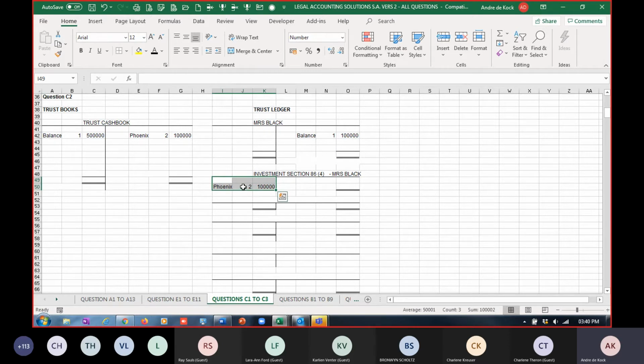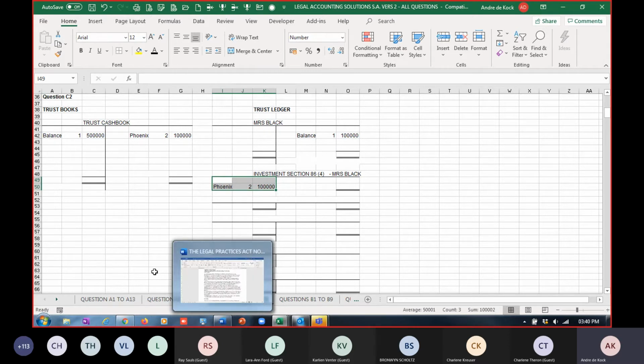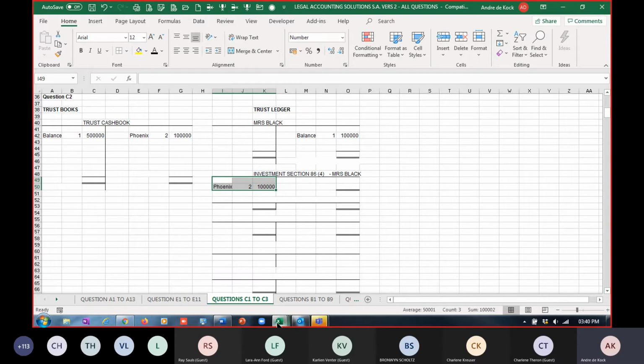Well, what did we see in the Legal Practitioners Act there? It said that when we close the account, the money has got to go back into the 86.2 account. So when I close it, I receive 101,000. So over here, I have to make the money back in, the 101,000. Now that 101 is made up of three elements.